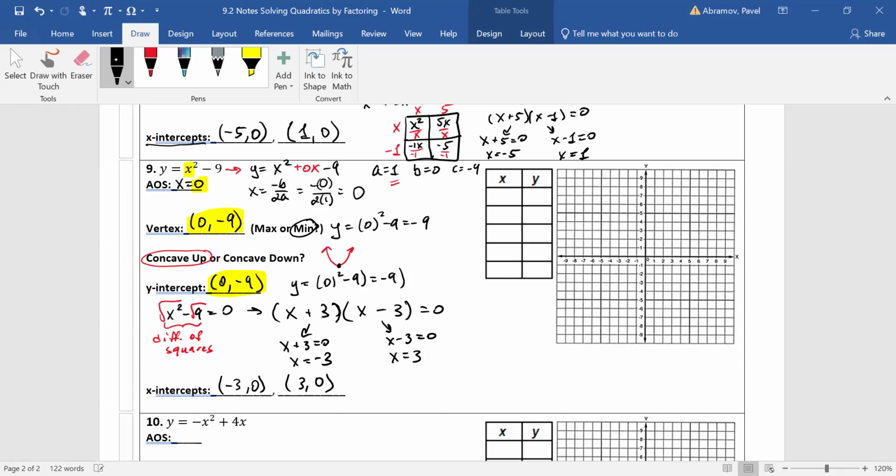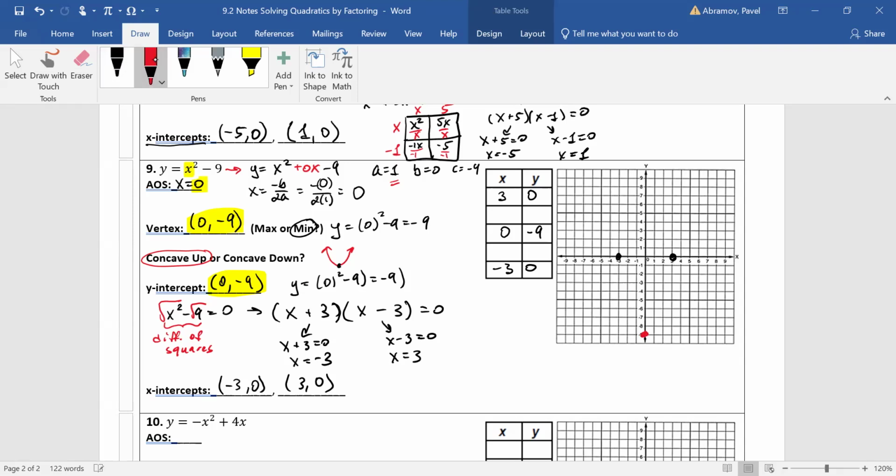Okay, so let's see what points we have. We have the vertex, which is (0, -9). So that's going to be a point right here. And we have points (-3, 0) and (3, 0). So these are points right here.